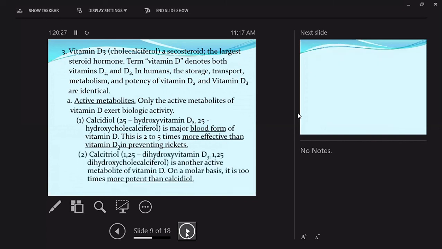But your calcitriol, or 1,25-dihydroxyvitamin D3, or 1,25-dihydroxycholecalciferol, is another active metabolite of vitamin D. On a molar basis, it is 100 times more potent than calcidiol.